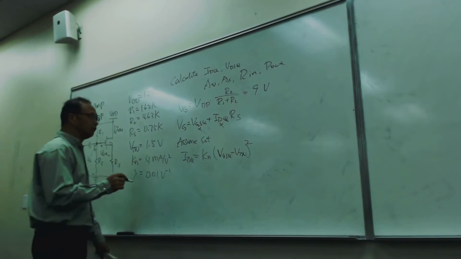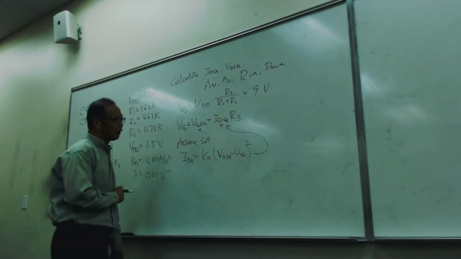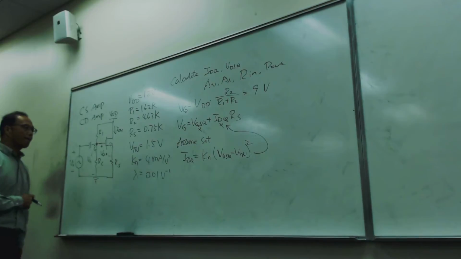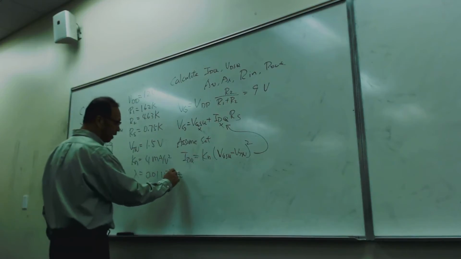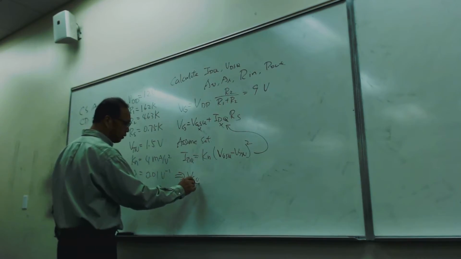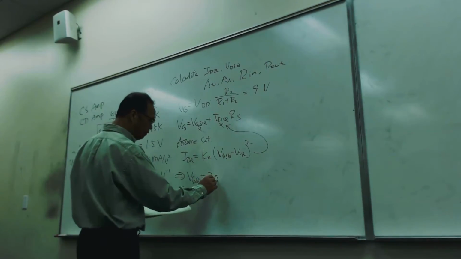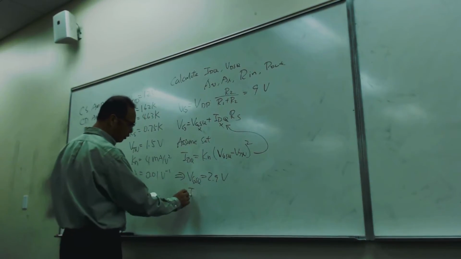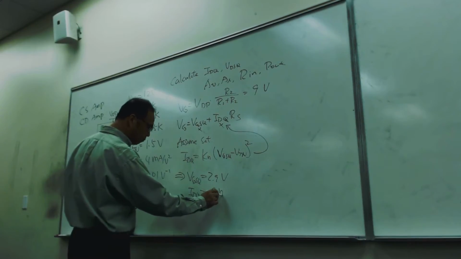So you put this equation here, and you would have one unknown. Therefore, you can calculate VGSQ, and it's about 2.9 volts. And therefore, you can calculate IDQ. It's about 8 milliamp.